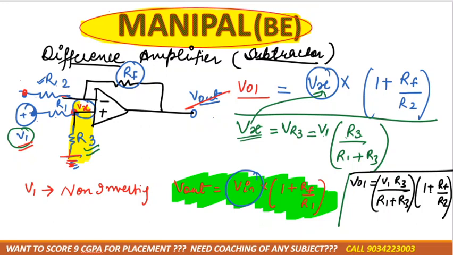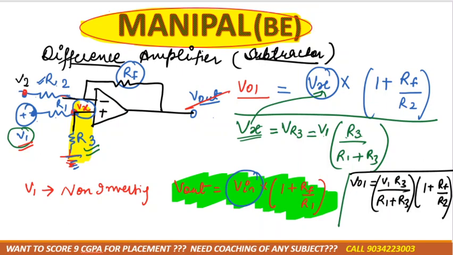Okay, now we have taken V1, now we need to calculate it for V2, right? Same steps we have to do. Now in your notebook read the diagram and then consider.